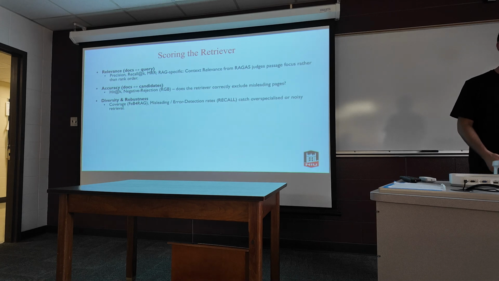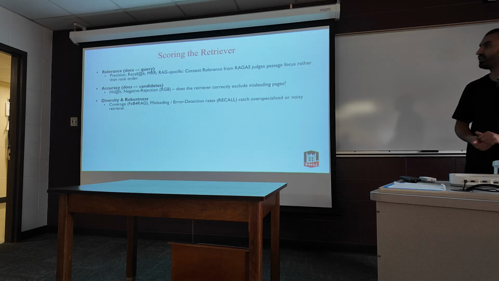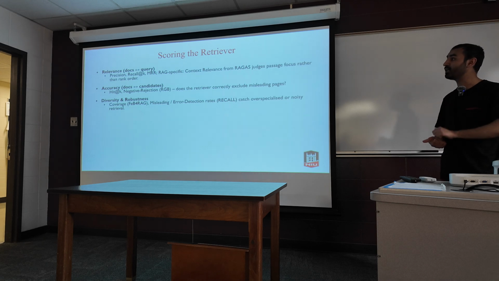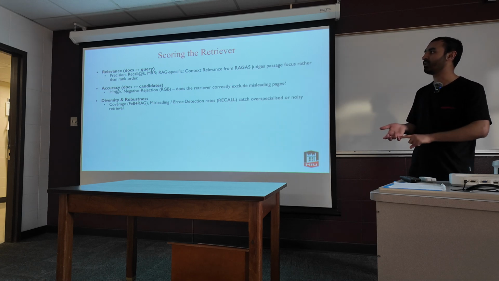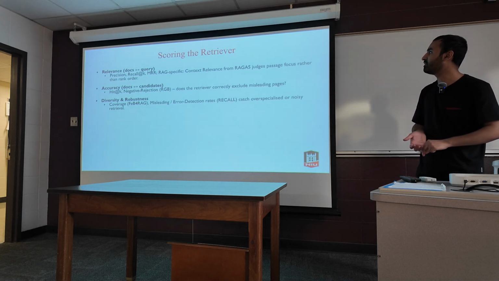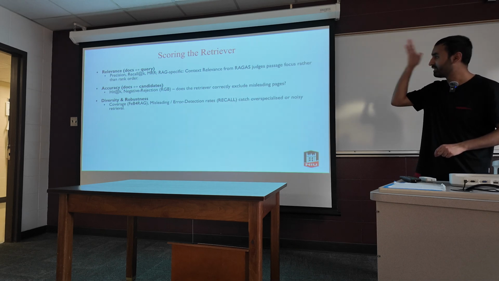Now for scoring the retriever, there are popular core metrics from information retrieval systems, such as precision, recall at K, and MRR, and there are some other approaches they use.